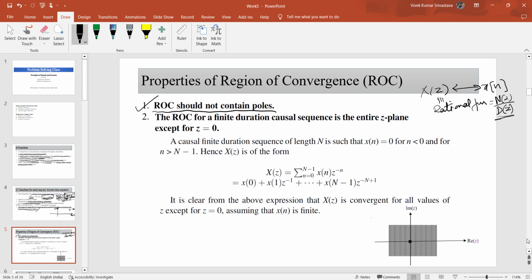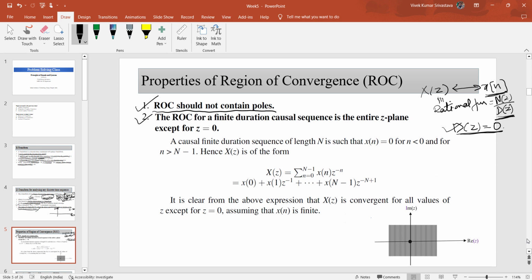Poles are defined where the denominator term equals 0. By using this we can evaluate the poles of any discrete time sequence. Once you evaluate the poles and check whether they are within the region of convergence, you will find that the poles are not contained within the region of convergence. This is the first property of the region of convergence.